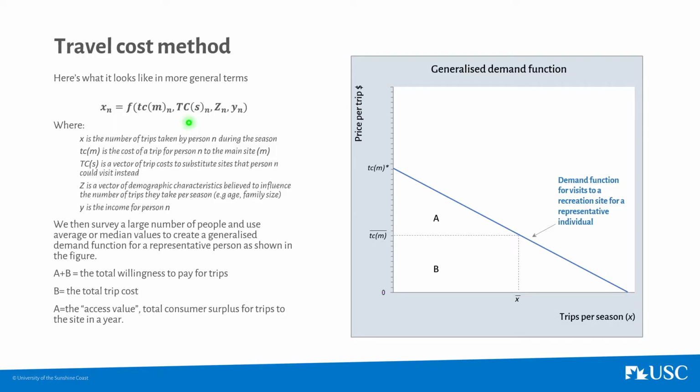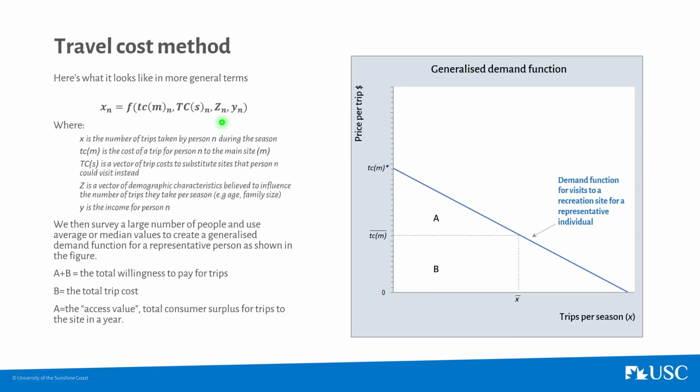So that, for example, might be going to the Australia Zoo instead, or going to Noosa instead. Whereas this is just the travel cost for the main site, this would be a list or a vector of different travel costs for substitute sites. And we know that the price of substitutes would affect demand for the primary good. It would also have a vector of different demographic characteristics that would influence demand.